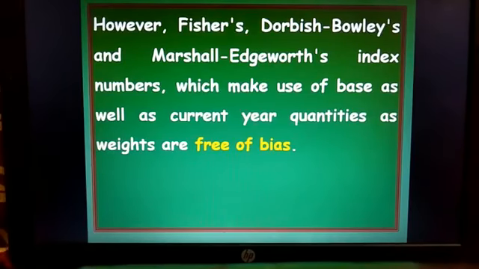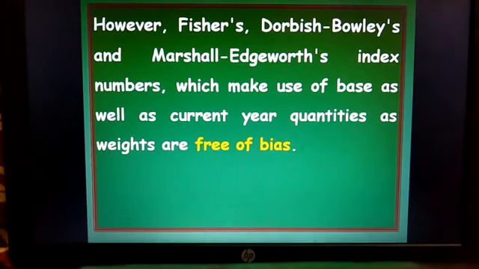In the previous slide, we had come across Laspeyres and Paasche index numbers, whether they are having upward or downward bias. Laspeyres index number is having upward bias and Paasche index number is having downward bias. Why were they having either upward bias or downward bias?